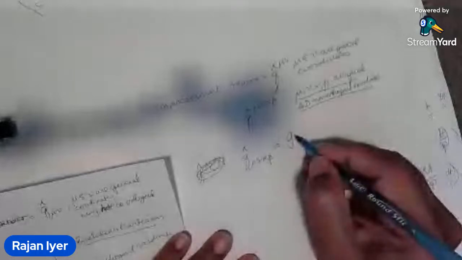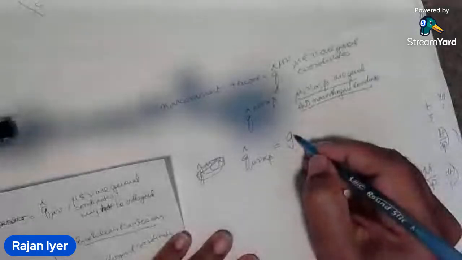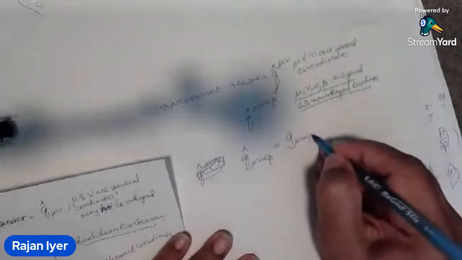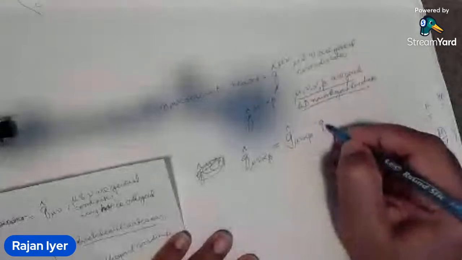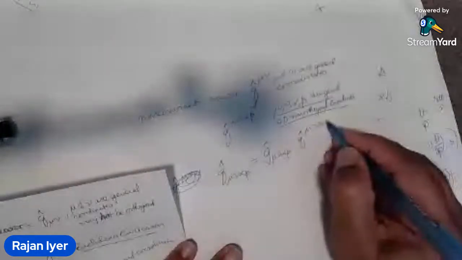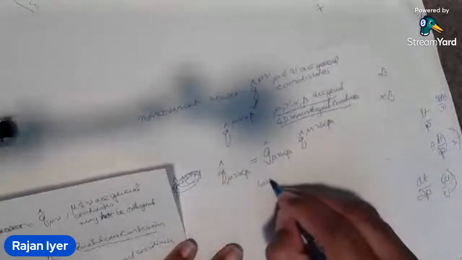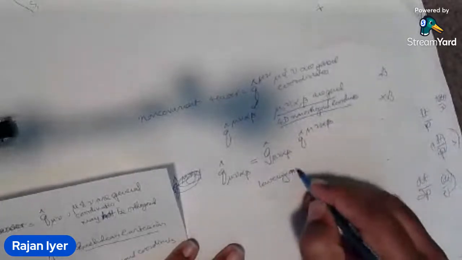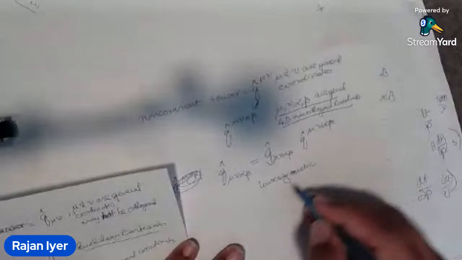Let's say G is the lowering metric, which lowers the contravariant to the covariant, and then you have the raising metric.